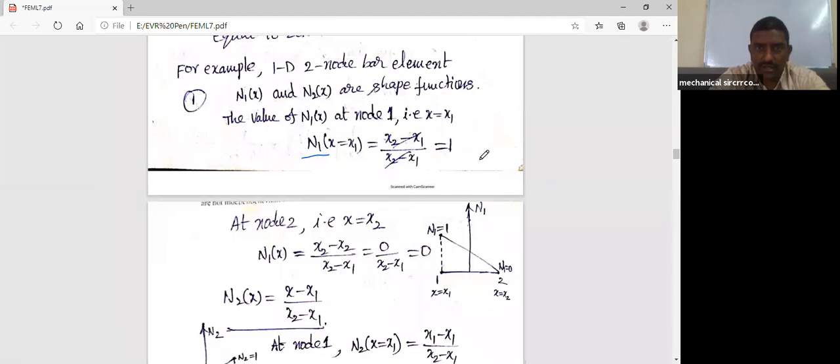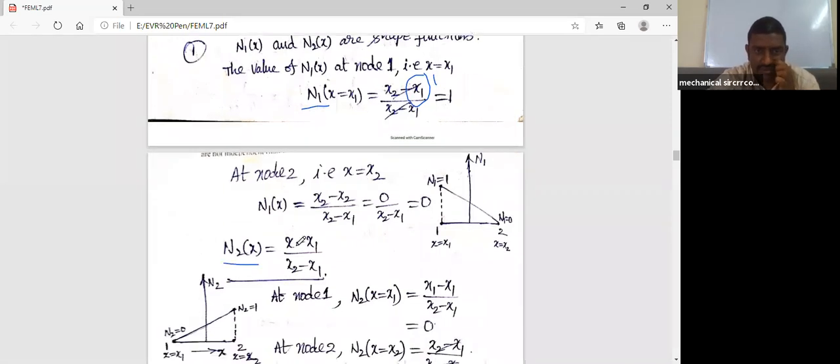N1 is (x2 minus x) by (x2 minus x1), so the power of x is 1, a linear polynomial. Similarly, for N2 of x, the power of x is 1.